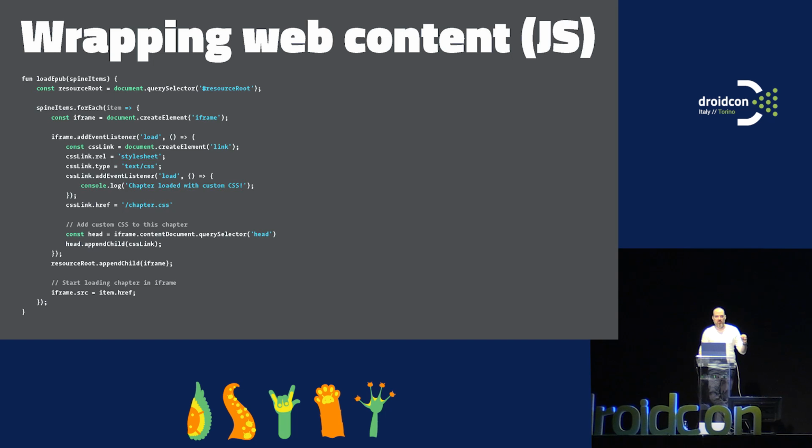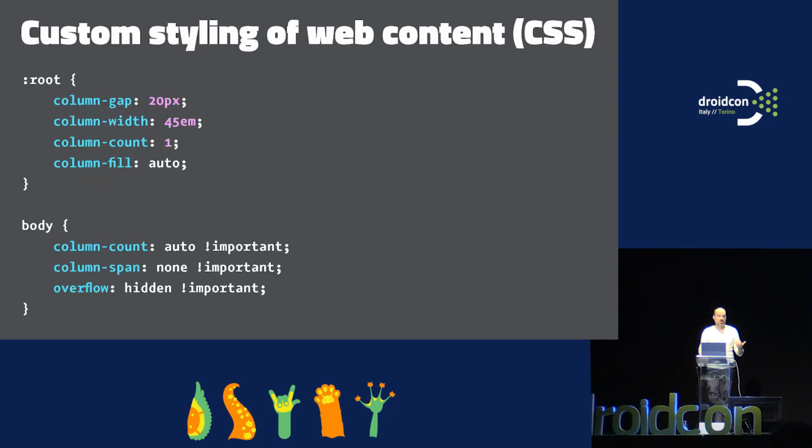That's a nice thing to know in JavaScript. You get a load event if you add an element to an existing document, because everything happens asynchronously. We define where the CSS is that we're going to use for this chapter, and then we fetch the head element inside that iframe, and we append our CSS link into that one. So now we have injected a CSS into our chapter.